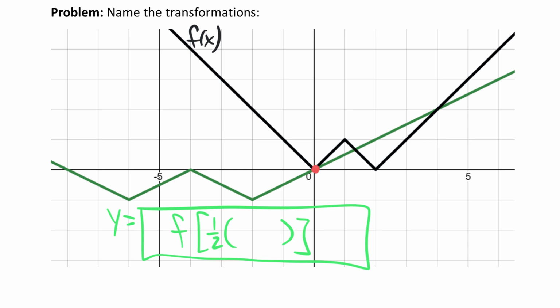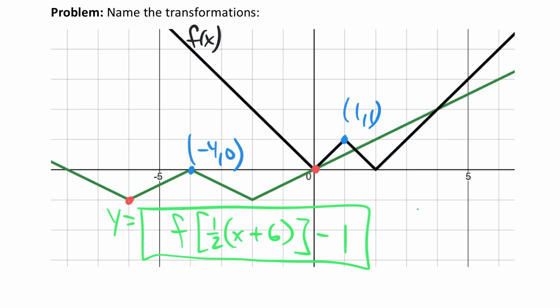If we track this point over to here, I'm thinking we should write x plus 6 to move it left 6 and then down 1. Then if we wanted to give that a test, we could just pick a point on the graph. Maybe you could pick this point right here, 1, 1, and confirm that it ends up at -4 and 0.